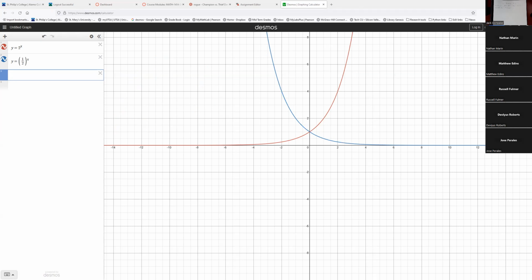So that would be the inverse or no? No, they're not inverses. Inverse is not the word, because the inverse function would be the logarithm for this.